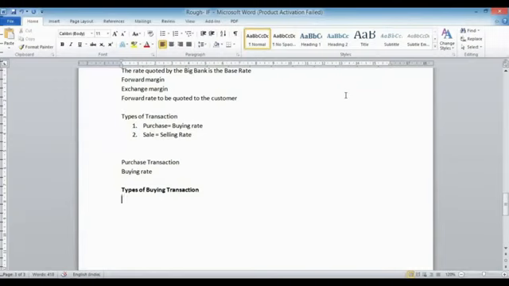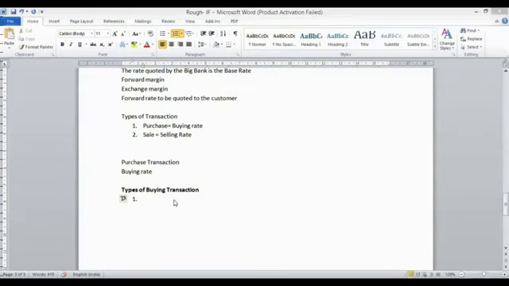So when under those transactions there is no delay in settlement of the deal, those types of transaction are called TT.